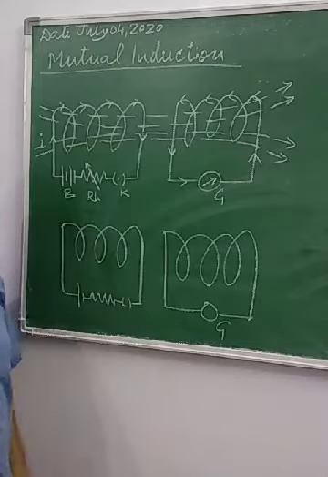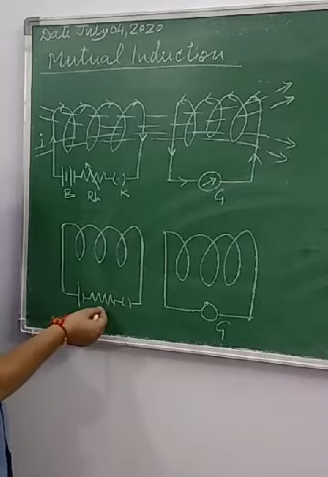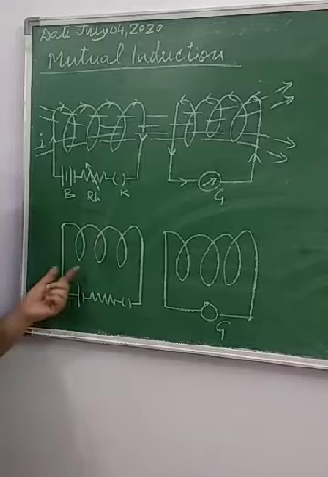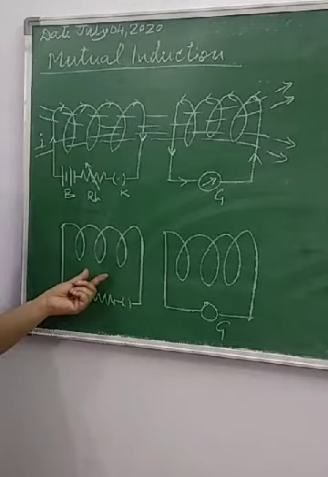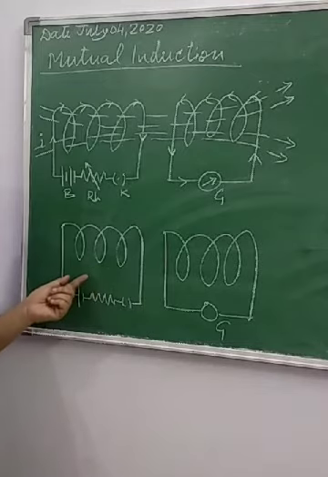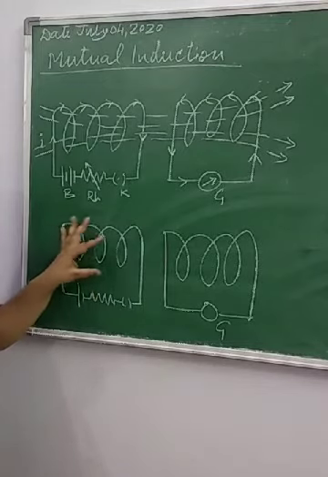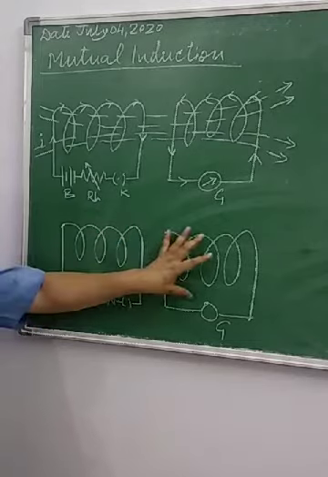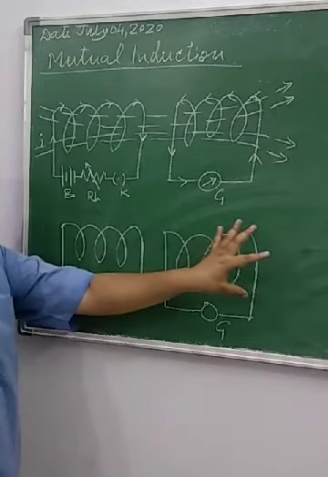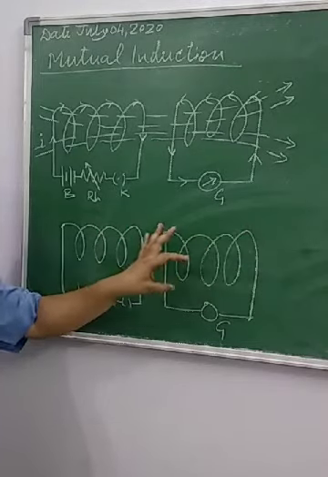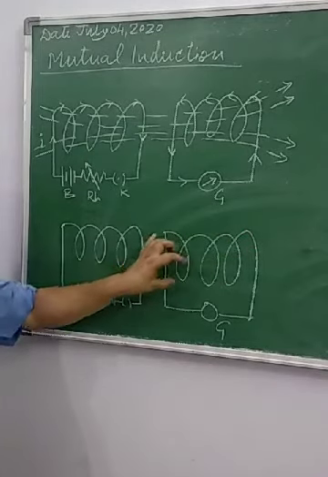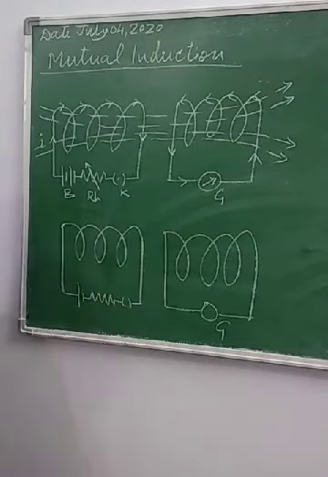When the key is released, the current becomes 0 in the primary coil or circuit. So the current decreases from maximum to 0. So there is no current. The magnetic lines of force passing through this also decrease. So the magnetic flux linked with this coil also decreases.